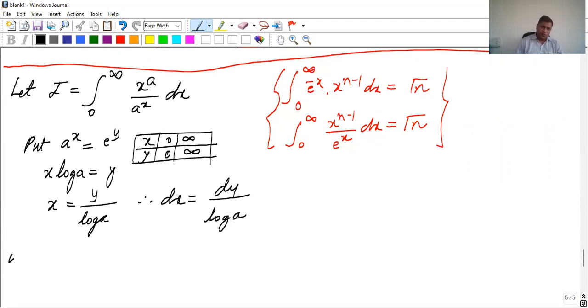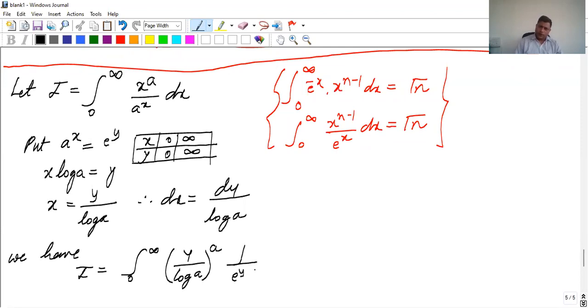Hence integral I is equal to integral 0 to infinity, x is y upon log of a bracket raised to a, 1 upon e raised to y, and this is dy upon log of a.